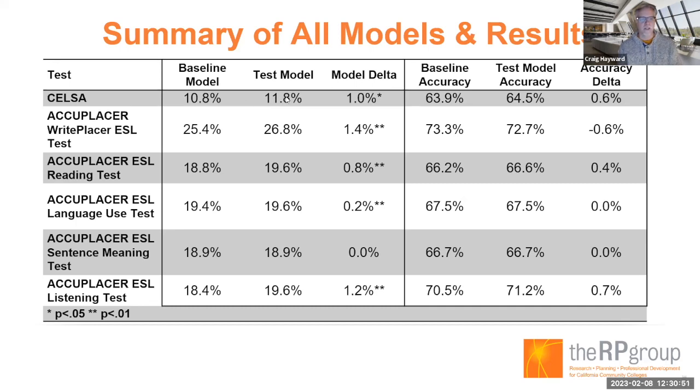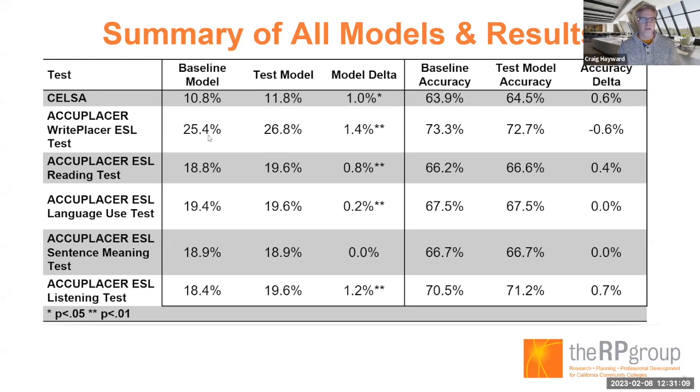So when we include the KELSA test scores, the variance explained went up from 10.8 to 11.8, so a 1% improvement. The baseline accuracy went from 63.9 to 64.5, an improvement of 0.6.